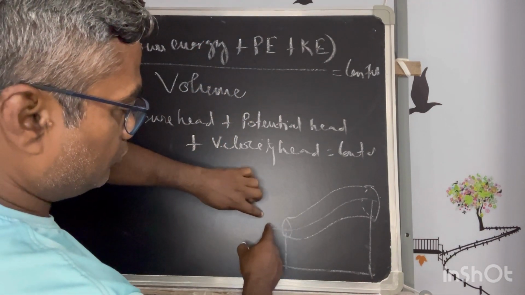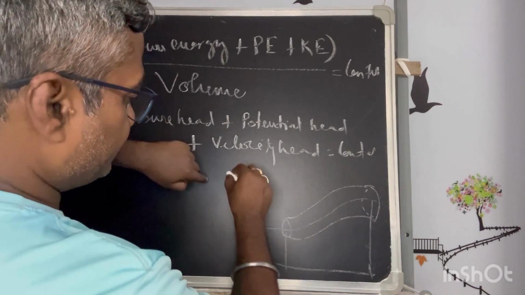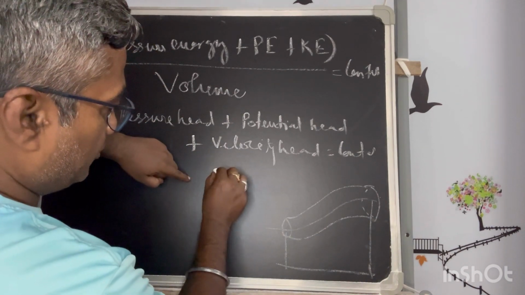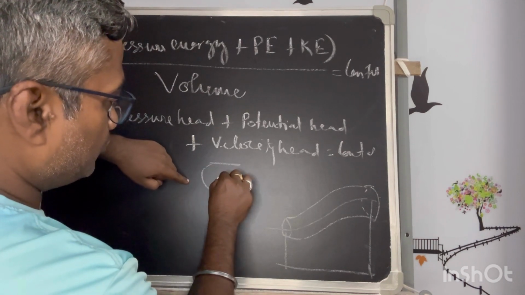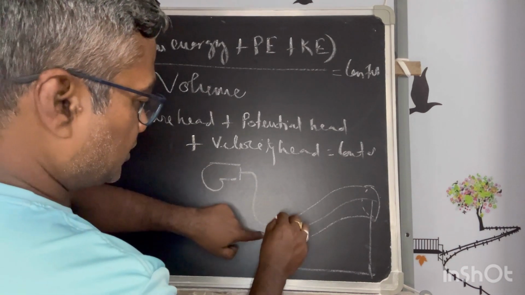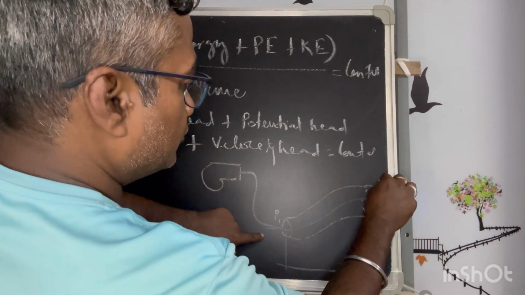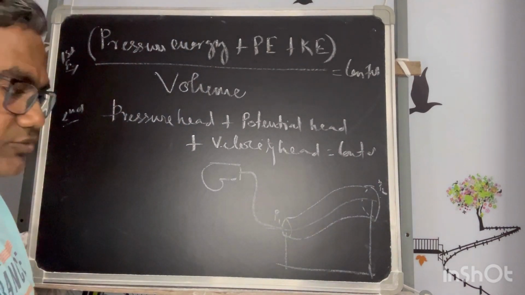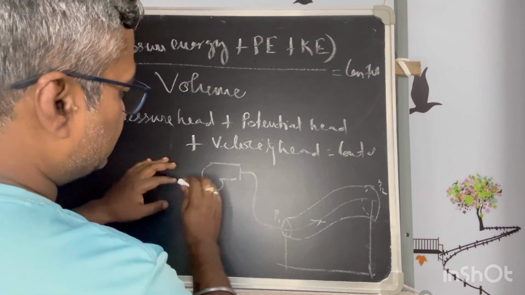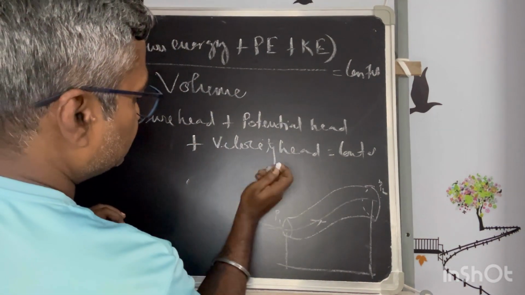But due to which the flow is established, prior to that energy, this could be a prime mover pumping this and causing a pressure difference P1 and P2, where P1 is more than P2, so that's why its flow direction is this way, or some static head.